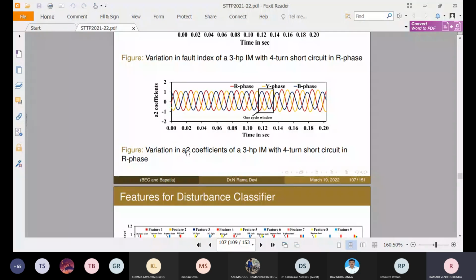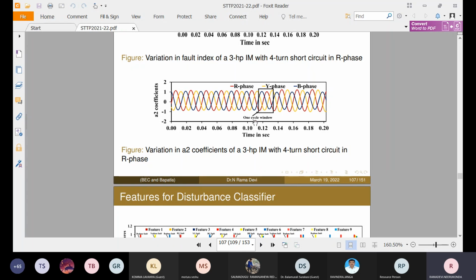The variation of the A2 coefficient is taken as the features for the disturbance classifier. Here we take one cycle of window. In this one cycle of window, we compute the standard deviation of R phase signal, standard deviation of Y phase signal, and standard deviation of B phase signal.